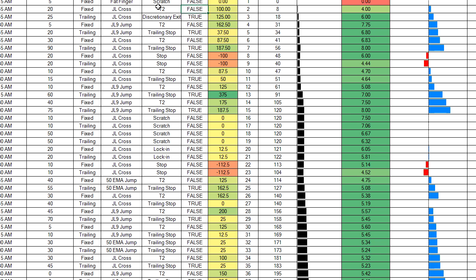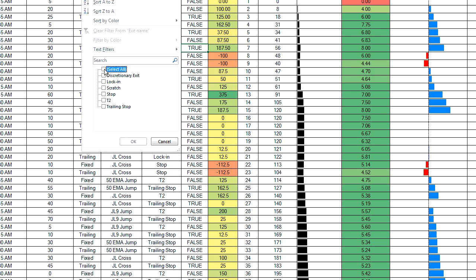So you can see here this is true because the prior row's exit name is equal to T2, and because the trades are sequential, this is one trade, this is another trade, this is another trade, you always get where it's true. Basically that's the trailing stop, and T2 has been reached.